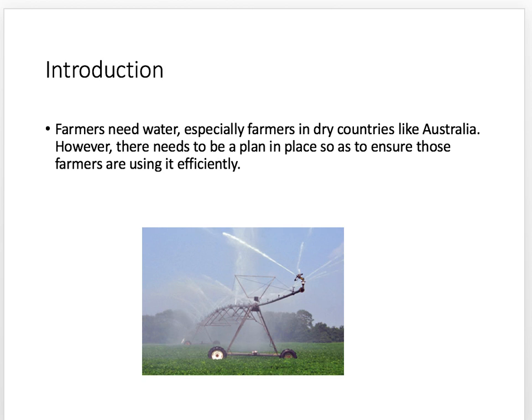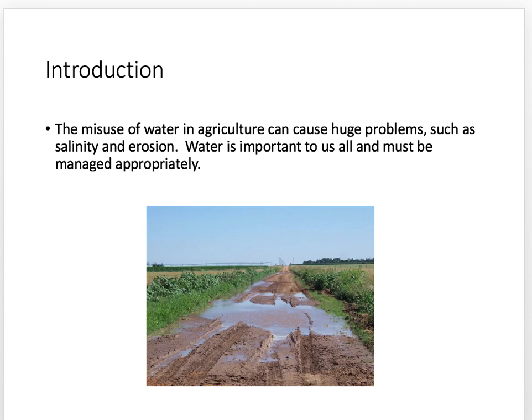However, there needs to be a plan in place to ensure those farmers are using it efficiently. We've talked about salinity and erosion, and how the misuse of water in agriculture can cause these huge problems. So we need to manage it appropriately, not just to prevent wasting water, but also to prevent all the other follow-on effects to the environment.